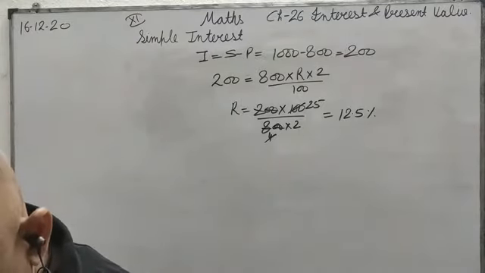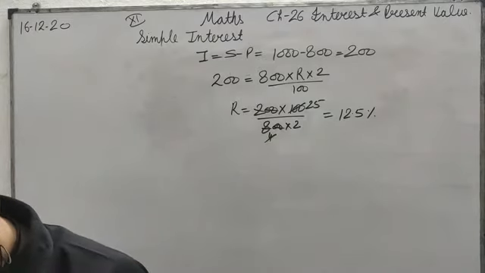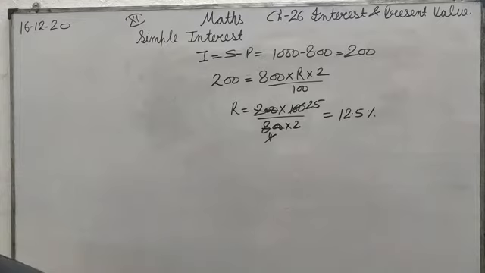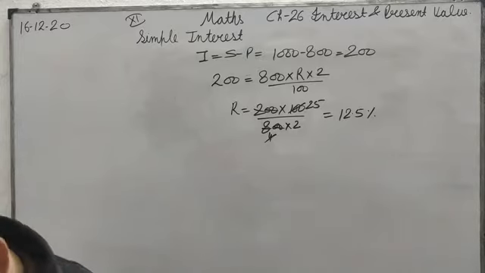A person deposited 80,000 in a bank. After 2 years, he withdrew 30,000, and after 4 more years, he received an amount of 68,000. Find the rate of simple interest. Now, we want to calculate the rate of simple interest. Okay.